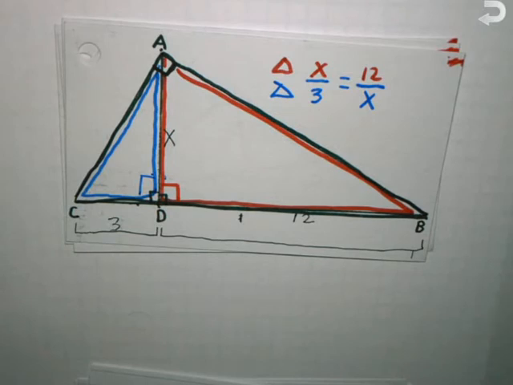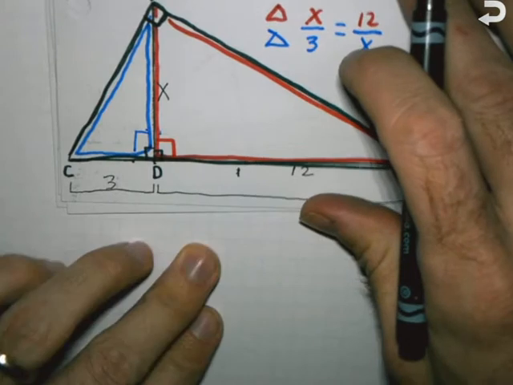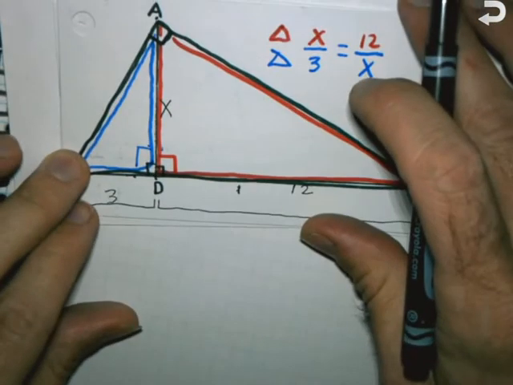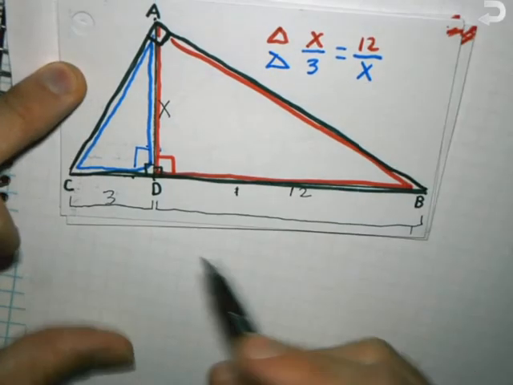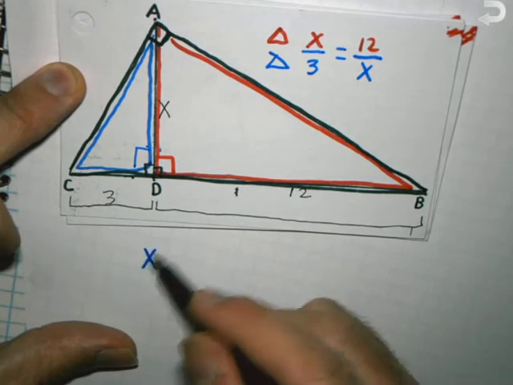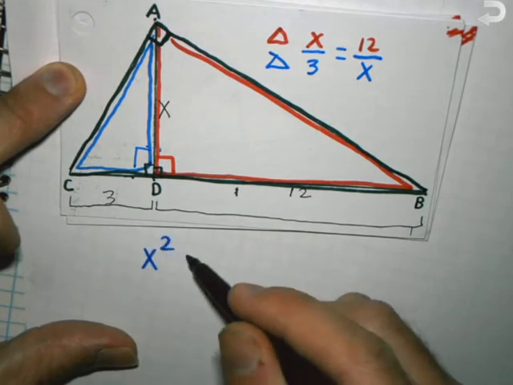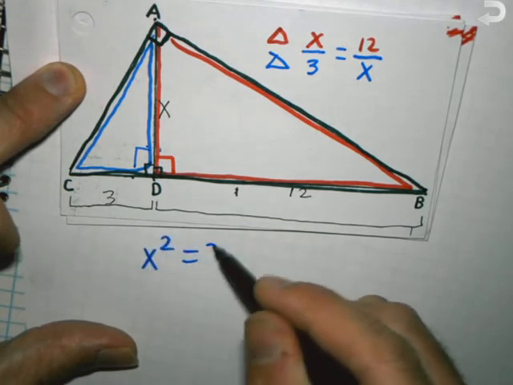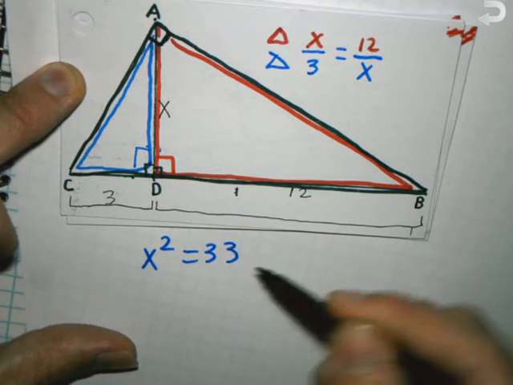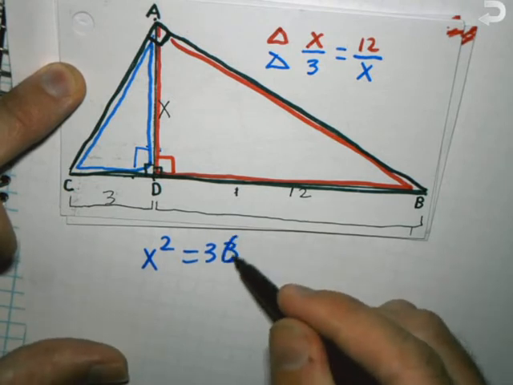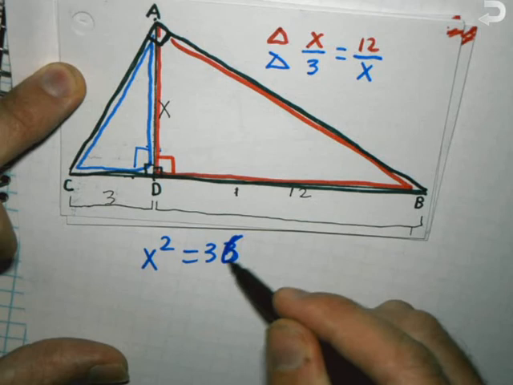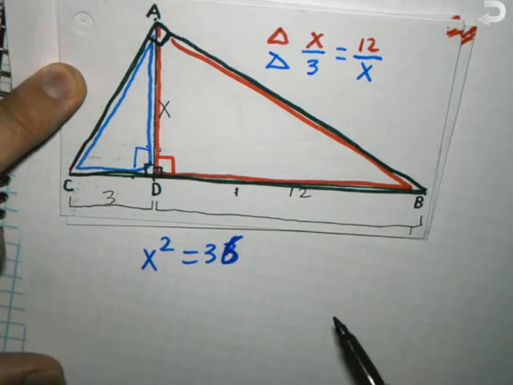We have to check these values. Can x be negative? It wouldn't make sense. That's part of your state standard, to make sure that you are able to understand if a solution is a valid solution. So we are going to cross out our negative, and we'll just be left with 6. Okay, so x is 6.